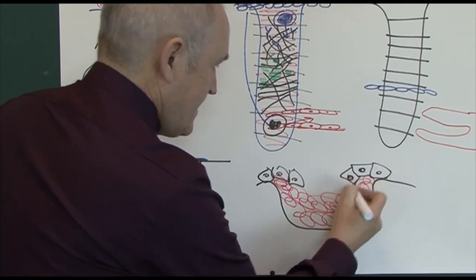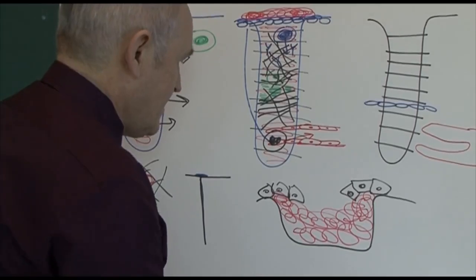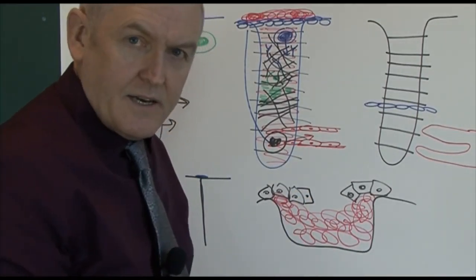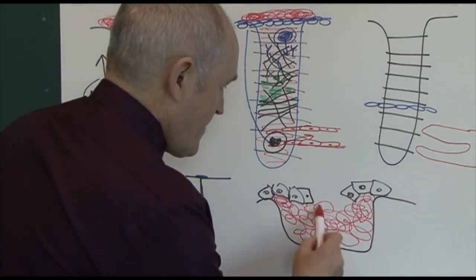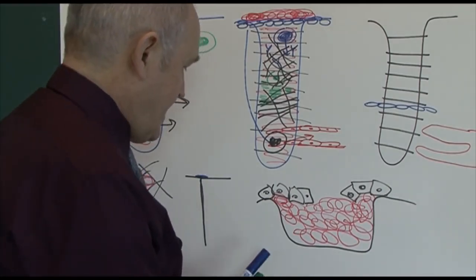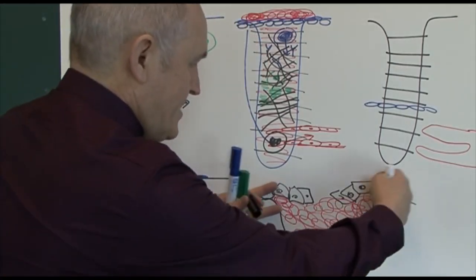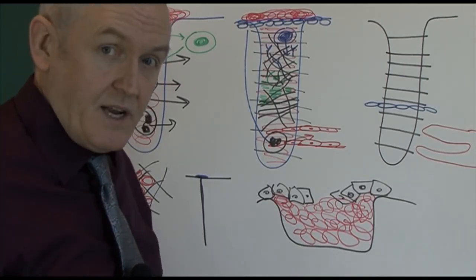Increased mitosis in adjacent epithelial cells under the influence of cytokine growth factors from macrophages. But I think you can see at this stage here, we've got granulation tissue and some re-epithelialization, which is good. We want re-epithelialization.